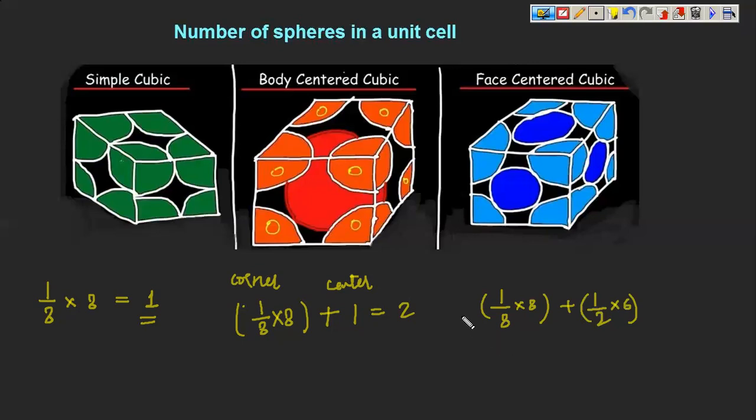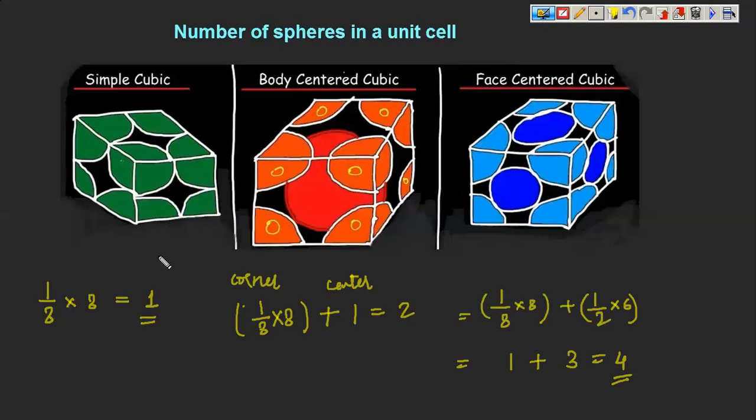So the number of particles in FCC is equal to 1 plus 3 is equal to 4. So there are 4 particles in FCC, 2 particles in BCC, and 1 particle in simple cubic cell. 1 particle means 1 sphere.